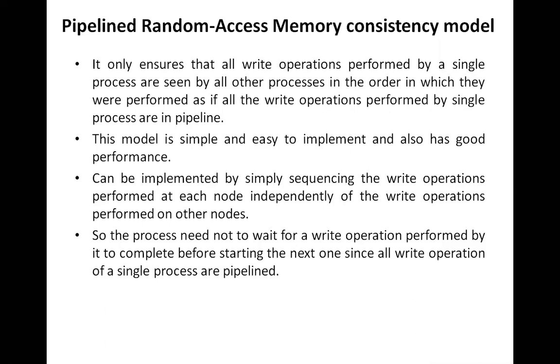So the write operations performed by different processes may be seen by different processes in different orders. Now, if we take an example, suppose W11 and W12 are the two write operations performed by process P1, in that order, W11 first and then W12.